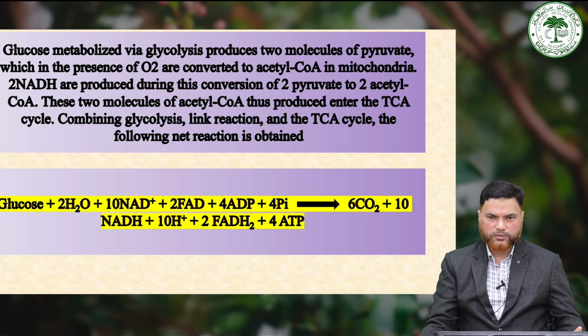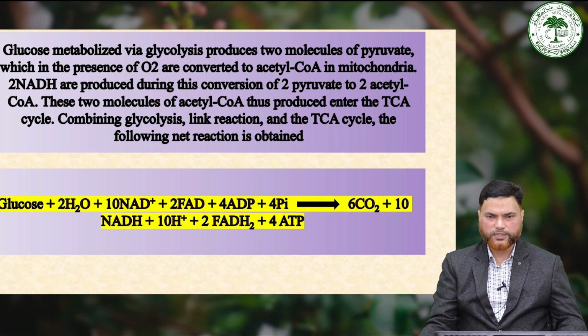In total, 12 reduced coenzymes are produced, including 2 NADH in glycolysis, 2 NADH in the link reaction, and 6 NADH and 2 FADH2 in the 2 TCA cycles.